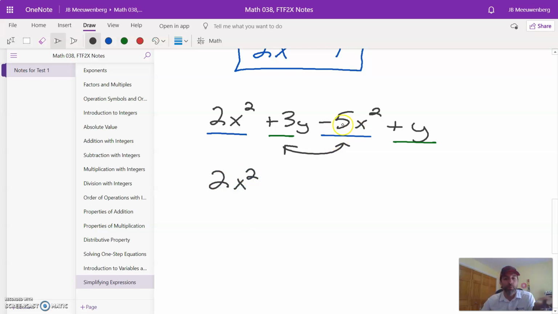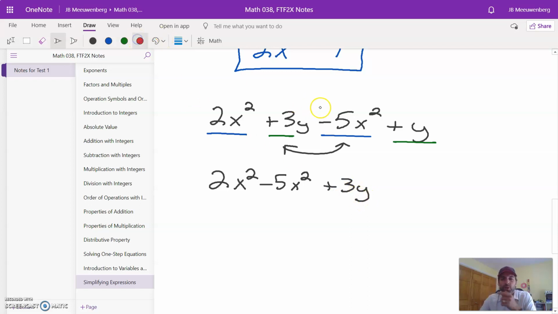Now, in the previous problem, I showed you a way to flip-flop these by changing the subtraction into addition with the negative. Some people like that. Some people, it complicates things a little bit for. If you didn't quite get that, watch this. Negative 5x squared plus 3y. What happened there?